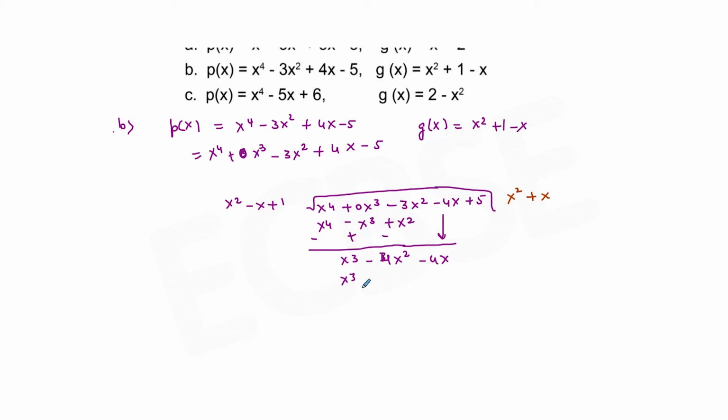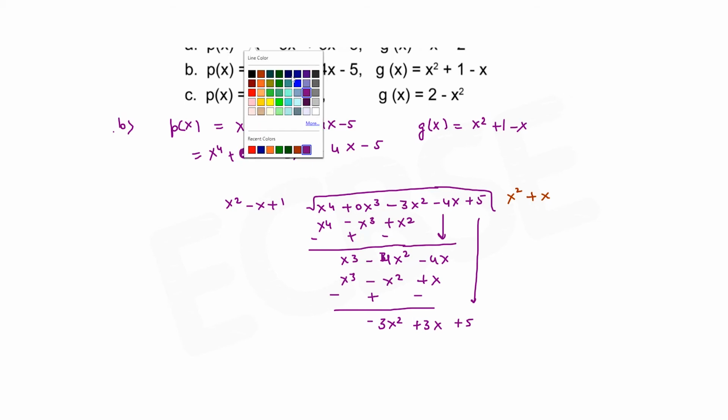Okay, then multiplying, and now subtracting it, we obtain minus 3x square plus 3x. Now again the term will be dropped down, that is plus 5.